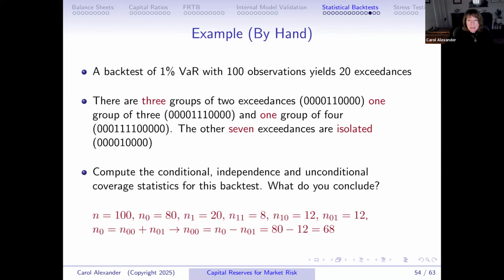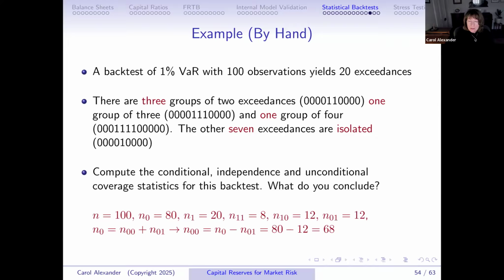Okay, so let's do an example by hand. We've got a backtest of 1% VaR with 100 observations that yields 20 exceedances. And then there are 3 groups of 2 exceedances, that is zeros, then 1, 1, zeros. There are three of those.